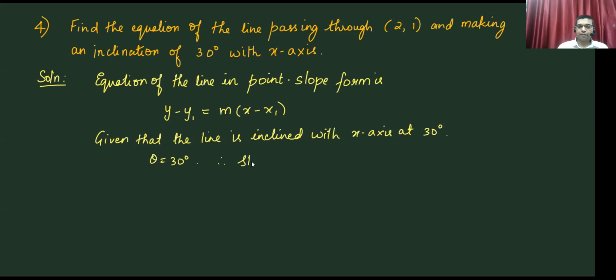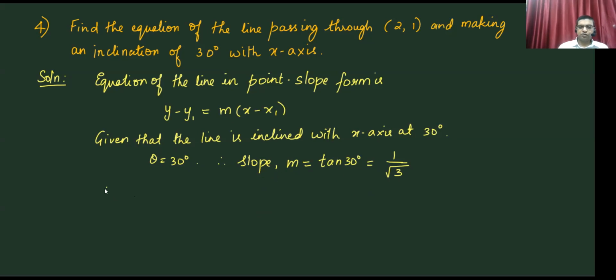Therefore, slope m is tan of 30 degrees, and tan 30 is 1 upon root 3. This is the standard angle. So tan 30 is 1 upon root 3.